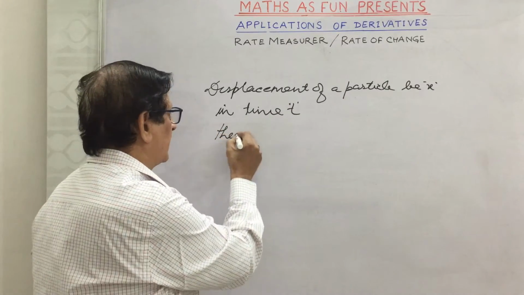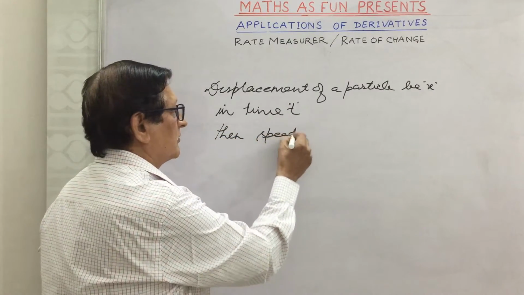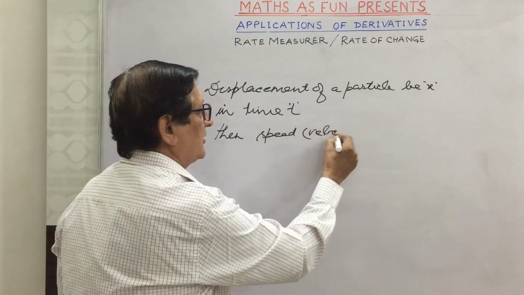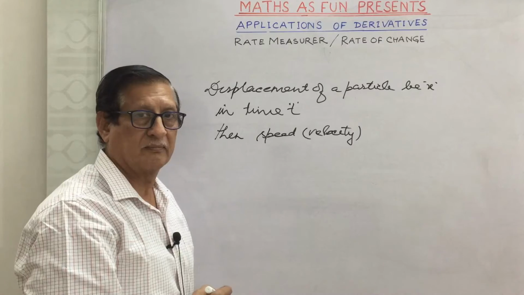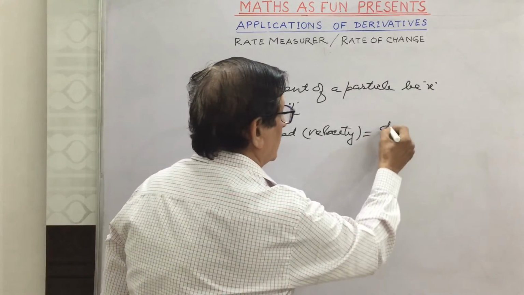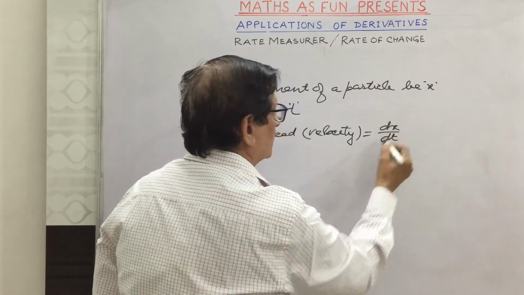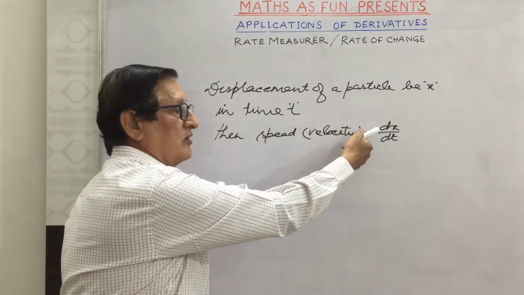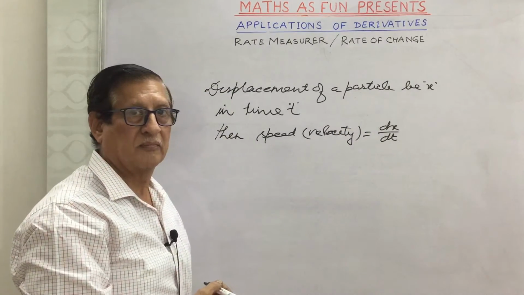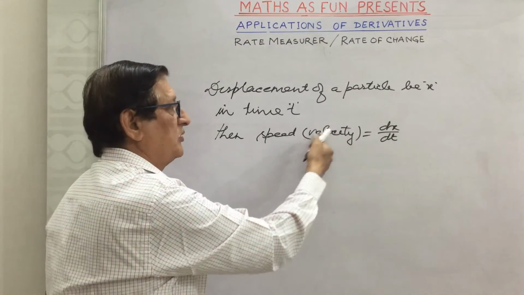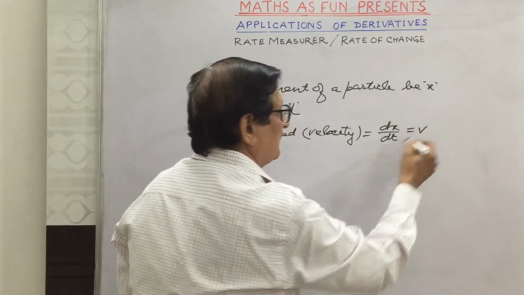Then the speed, or velocity in case it is with direction, can be given by dx upon dt, that is the rate of change of displacement with respect to time. So dx by dt can be used for velocity v.